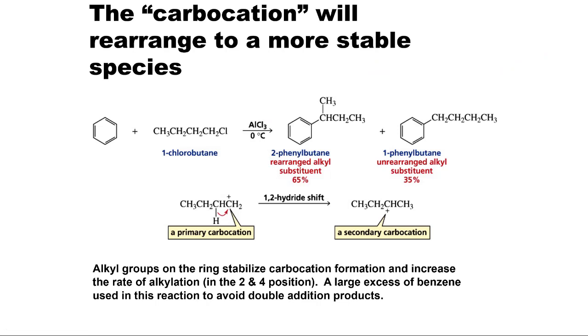So this is 1-chlorobutane, and when you react it with benzene using aluminum chloride, rather than the primary substituted product, you end up with a secondary alkyl group substituted product as the major product.